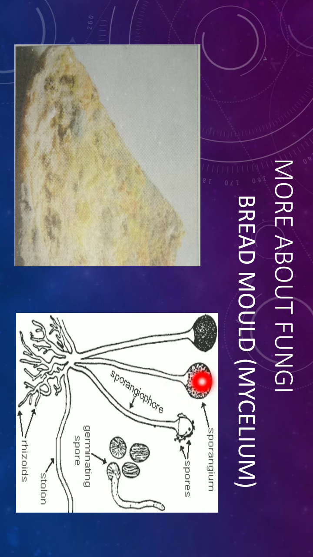When spores are released in the air and get favorable conditions of warmth, moisture and some decaying organic matter, they grow into a new fungus, and this mycelium remains attached to the substratum through another structure. You can see here, this is the rhizoid. So this is the detailed structure of a bread mold.